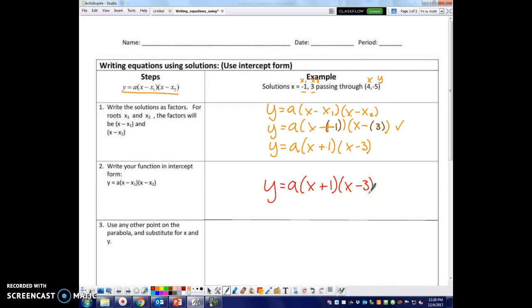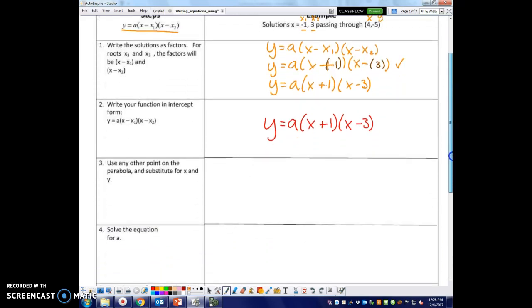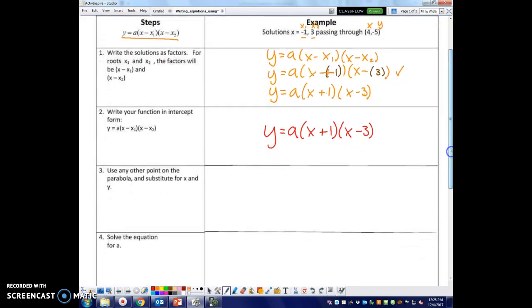Okay? Easy enough, right? Now, for number 3, use any other point on the parabola and substitute for x and y. So our x is 4. It's up here. Our x is 4. So x equals 4. And our y is -5. So we're going to rewrite this equation, just replacing those certain things, okay?